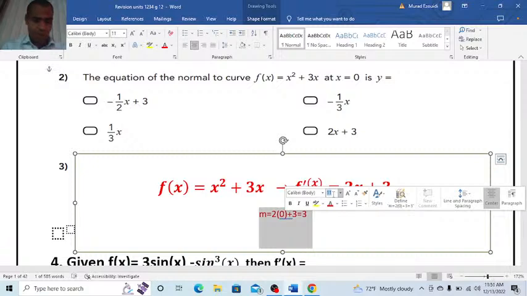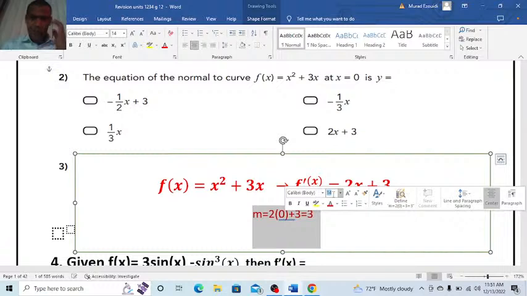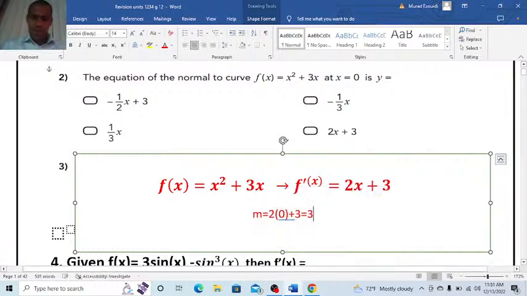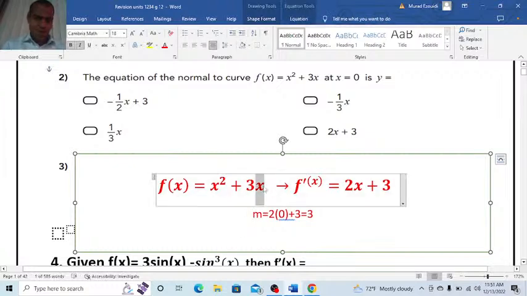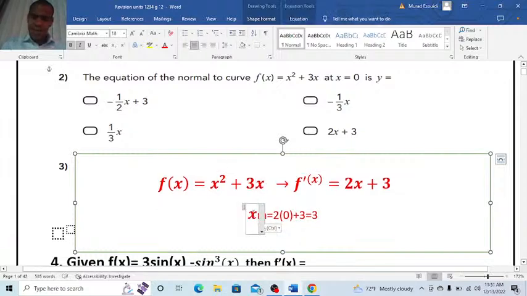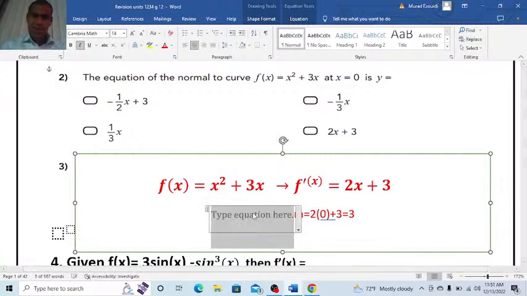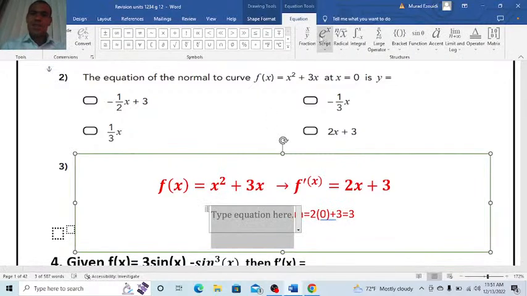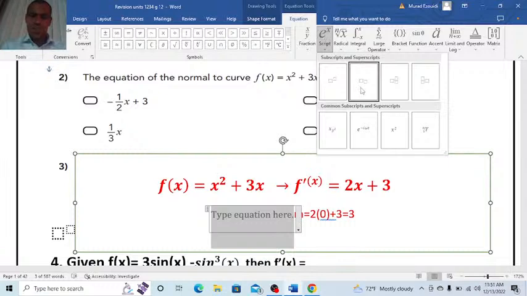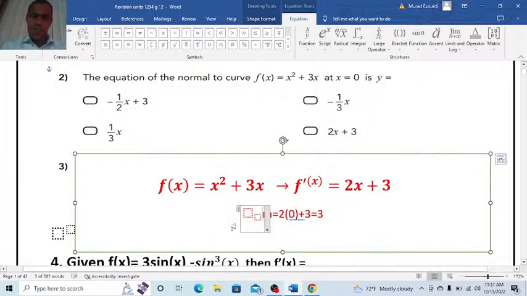You should find the gradient of the normal. I will label the gradient of the tangent as mt, meaning gradient of tangent.